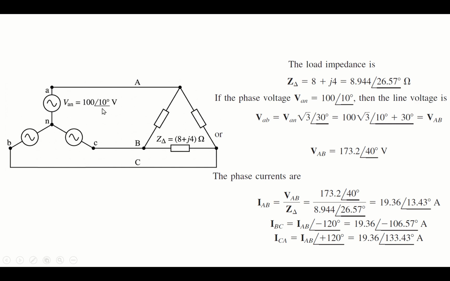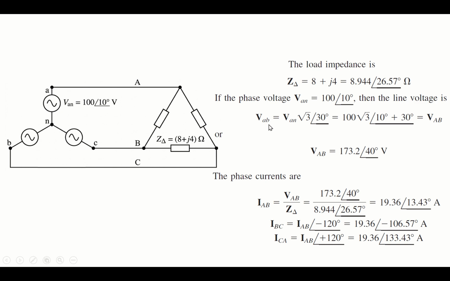So root 3 multiplied by 100 gives us the line voltage, and the angle can be evaluated by using the phasor diagram that we saw in the classroom.